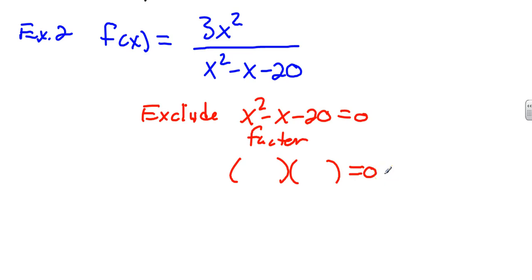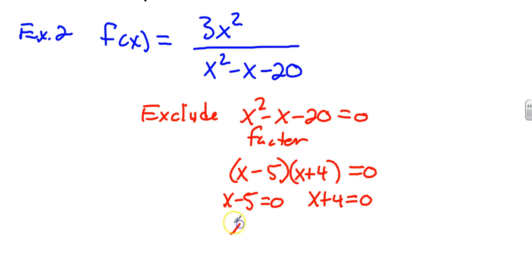These should be pretty easy factoring ones to do. The factors of 20 that would get you down to 1 are going to have to be 5 and 4. Since this number is negative, the bigger number has to be negative and the other number has to be positive. So this one will be x plus 5, and this one will be x minus 4.